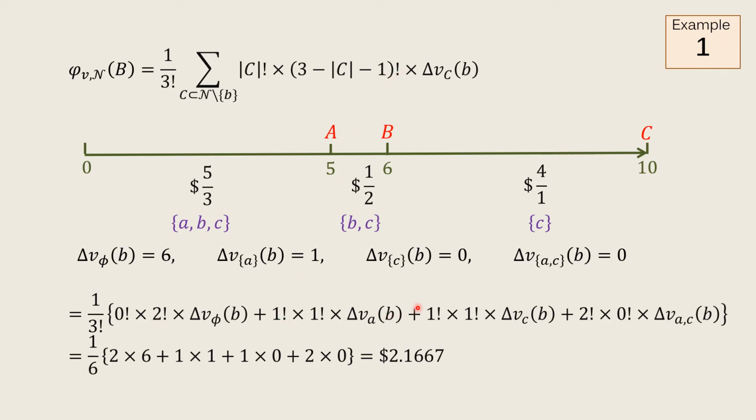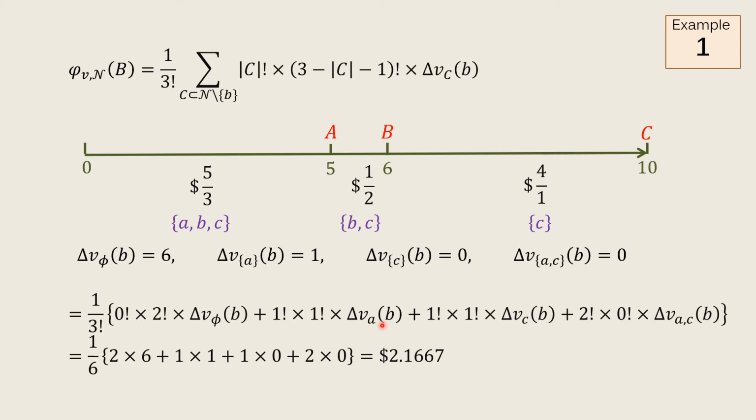The second term here is this coalition here, A, and the marginal contribution of B to A is 1, and we have this is the coalition containing A alone, that's equal to 1 factorial, and this is 3 minus 1 minus 1, that's again 1 factorial.